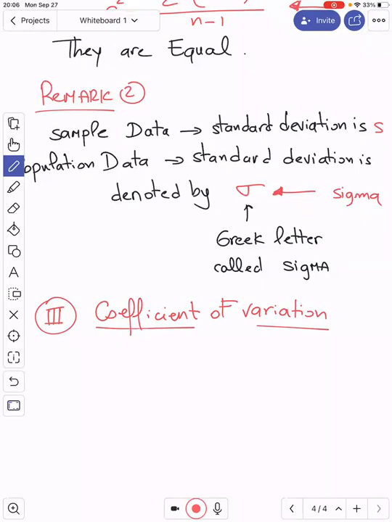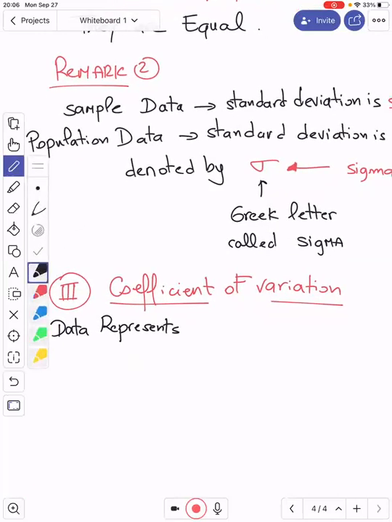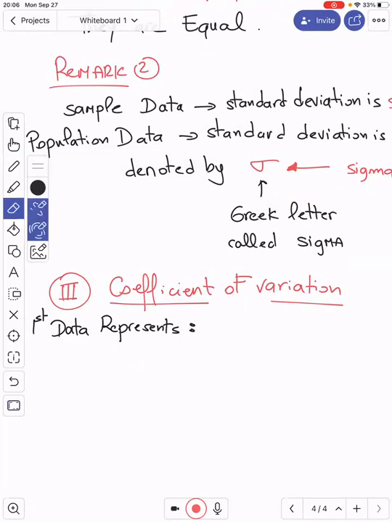As I said, for example, guys, let's say the first data represents again the flower diameters.